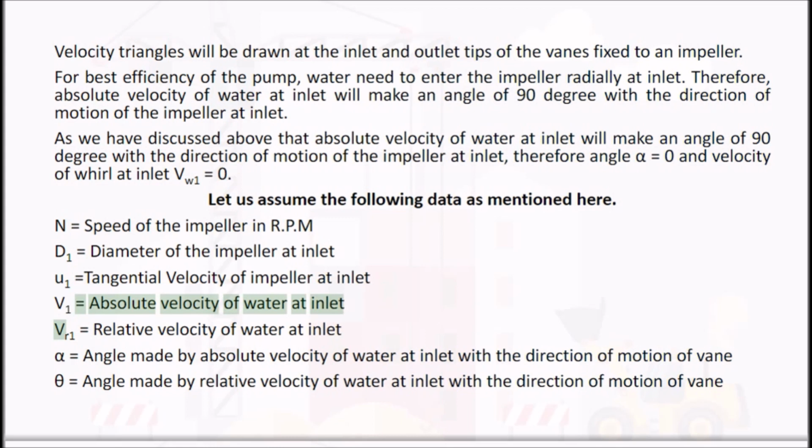VR1 equals relative velocity of water at inlet. Alpha equals angle made by absolute velocity of water at inlet with the direction of motion of vane. Theta equals angle made by relative velocity of water at inlet with the direction of motion of vane.